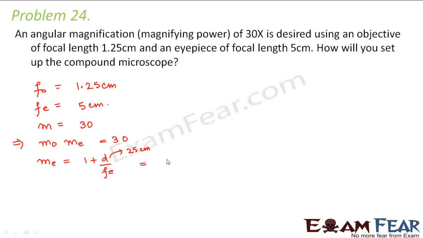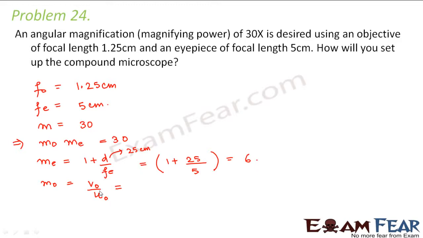So this will be equal to 1 plus 25 divided by 5, which comes out to be 6. And what is the magnification of the objective? That is nothing but V by U. So that is VO by UO.